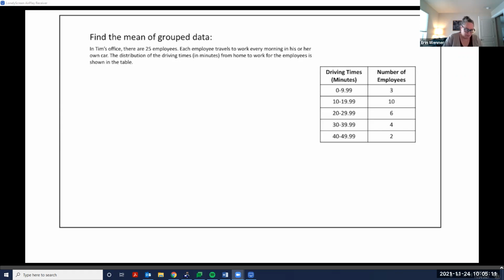So in order to be able to use our calculator to calculate the mean, we first need to find the midpoints of each interval.